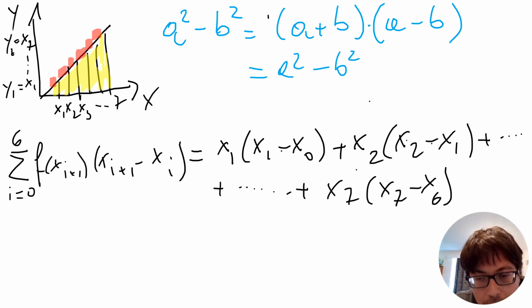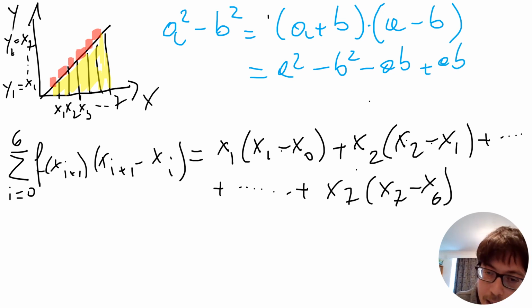A times minus b is minus ab, and plus b times a is plus ab. These two are the same term with different sign, so we can cancel them out, and we prove this easy algebraic expression. So let's remember this.